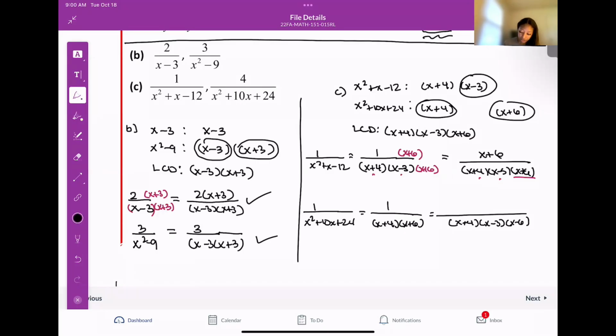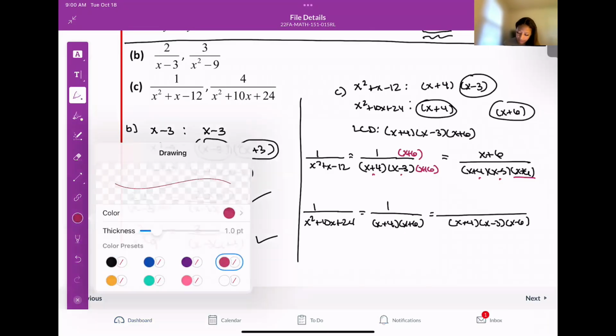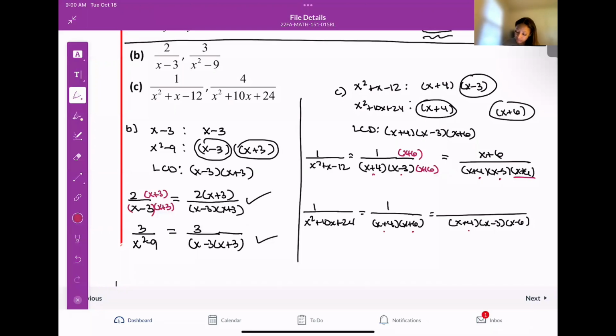For the second expression, in our denominator, we have the x plus 4. We have the x plus 6. We need the x minus 3. So we're going to multiply by x minus 3 over x minus 3. And that gives us x minus 3 over (x plus 4) times (x minus 3) times (x plus 6).